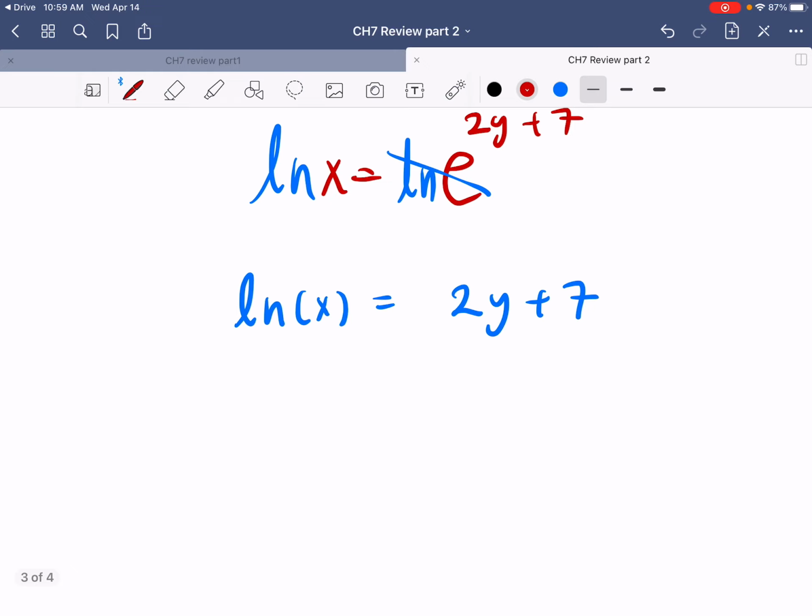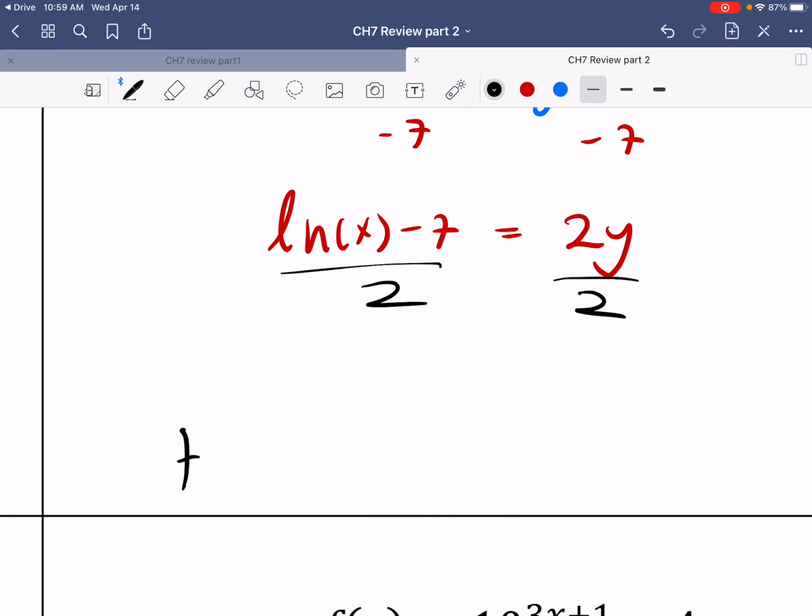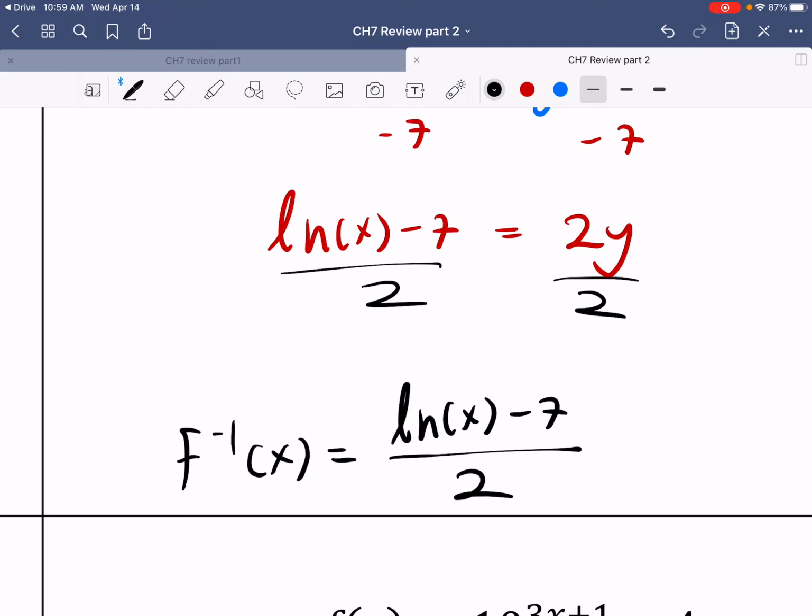It's simple from now on, right? Minus 7 both sides, you'll get natural log of x minus 7 equals 2y. And if you divide by 2 both sides, you will get f inverse of x equals natural log of x minus 7 over 2. And yeah, that's it.